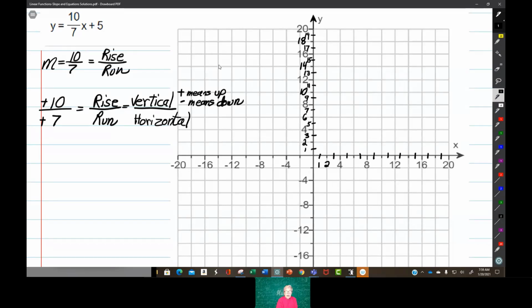Or positive means up and negative means down. Therefore, a positive 10 means we go up 10 units. Now, for the denominator, the horizontal run, positive means right. Go to the right. And negative means go left.